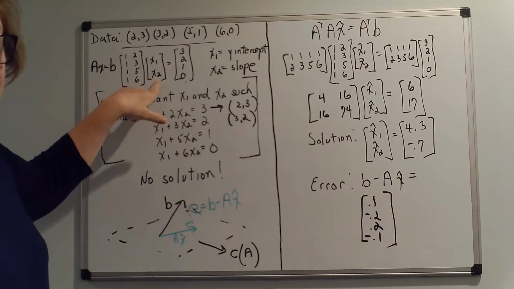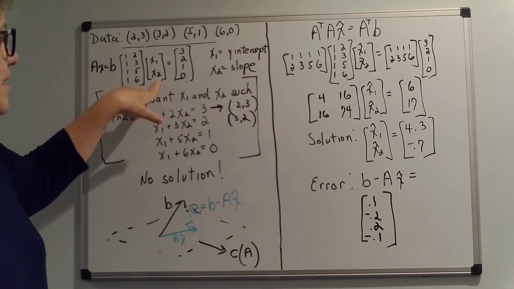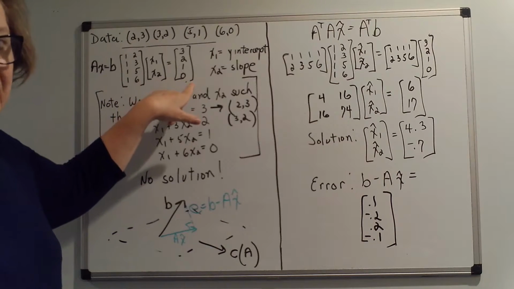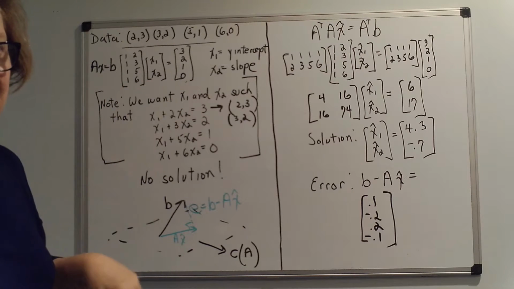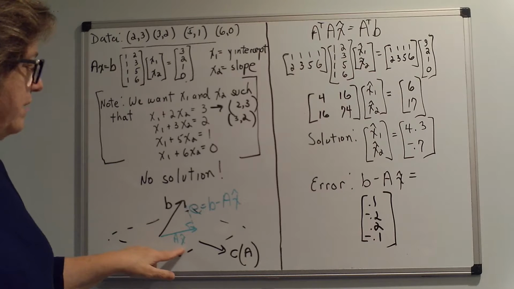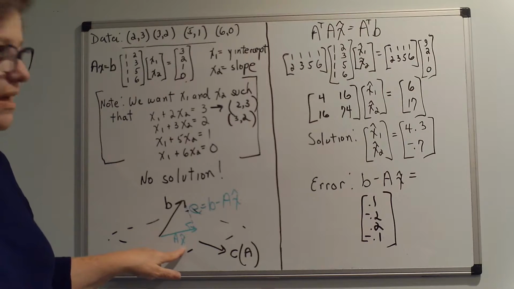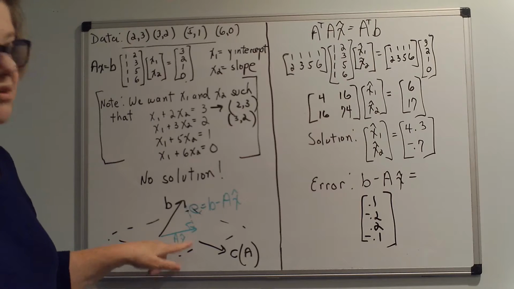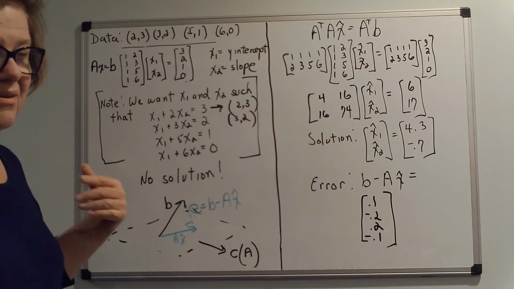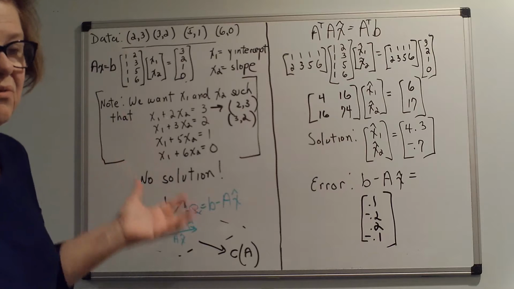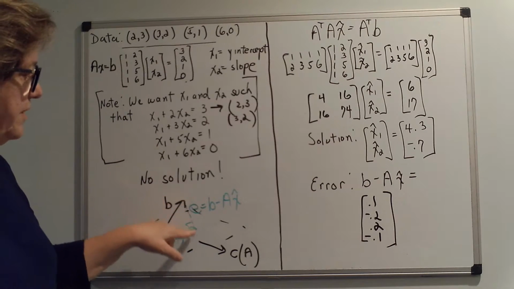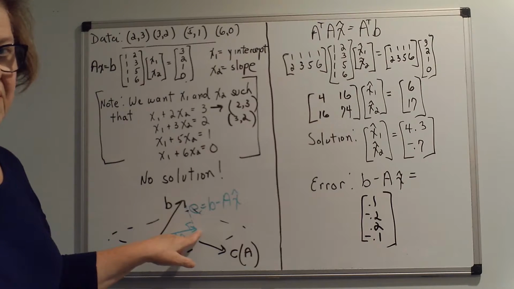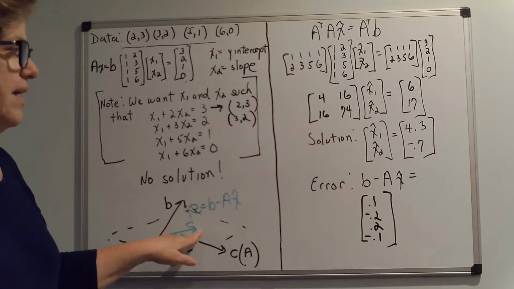So x hat is something in R2 that we want to map into the column space of A. Obviously b won't map into the column space of A, so we have to find one that will. And the one we want, the one that's closest to b in a least squares sense, that is in a Euclidean sense, is the one we get when we drop a perpendicular from b down to the column space of A.